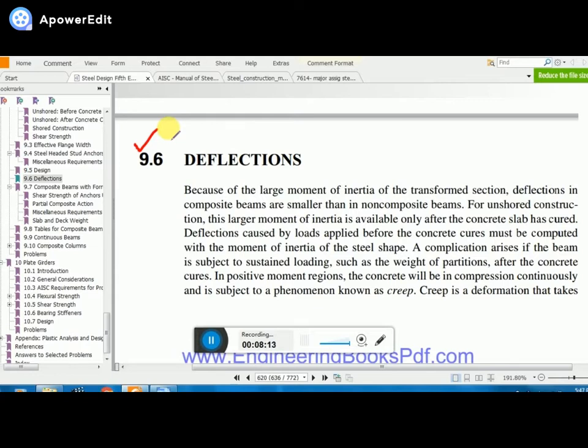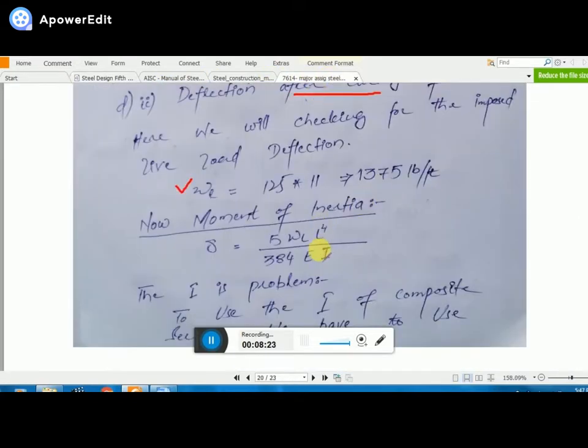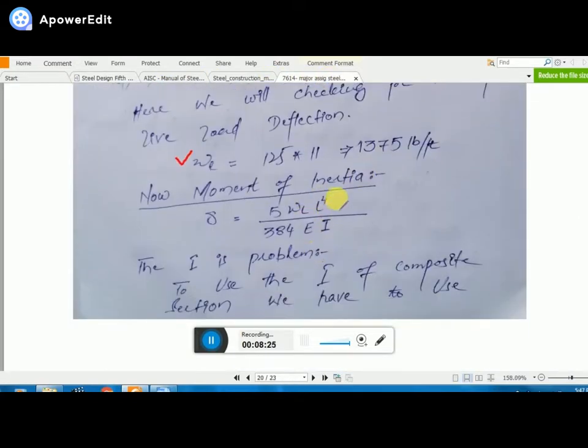Remember, deflection in a composite section is a function of moment of inertia, keeping other things constant. Clear? As you see in this formula, if we consider that these things are constant, it is clear that deflection is a function of moment of inertia.